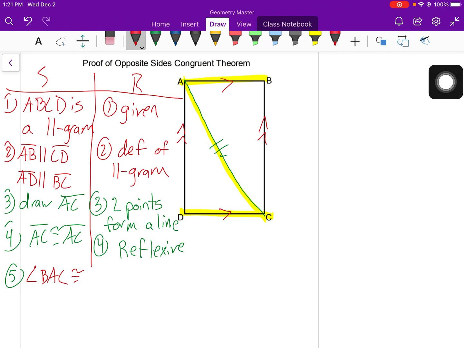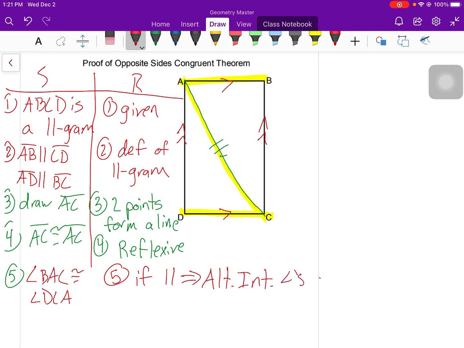So angle BAC is congruent to angle DCA, because if we have parallel lines, then alternate interior angles are congruent. So BAC was this one, and then DCA was that one.